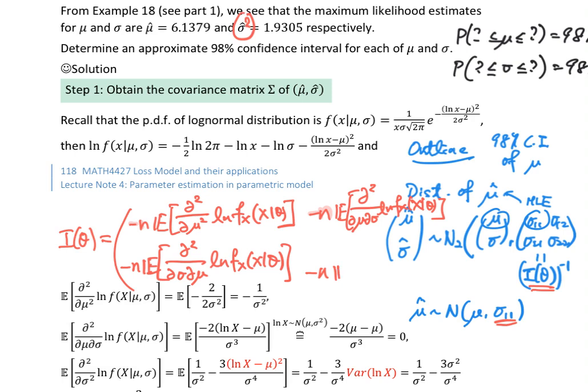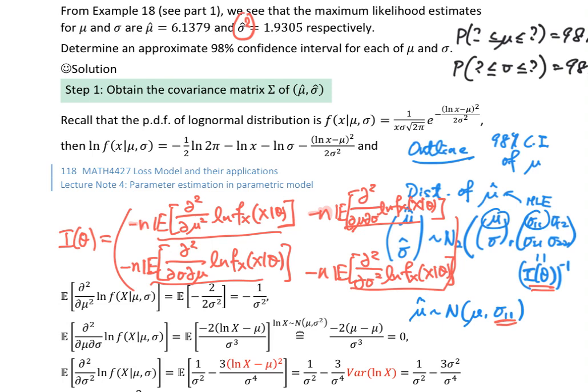That's your I theta. In order to find this I theta, you have to obtain these 4 expected values.